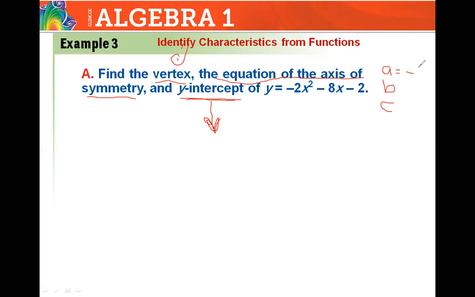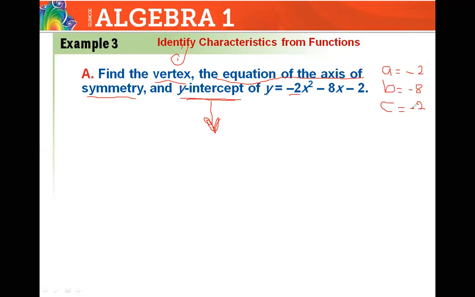Excellent. A is the coefficient of x squared, the number before x squared, which is negative 2. B? Negative 8. C? It's negative 2 also. Yes, so c is negative 2.